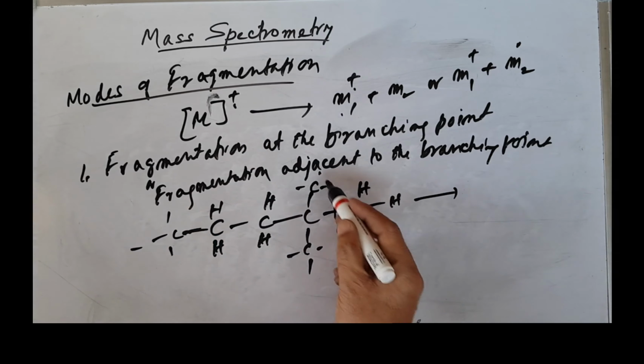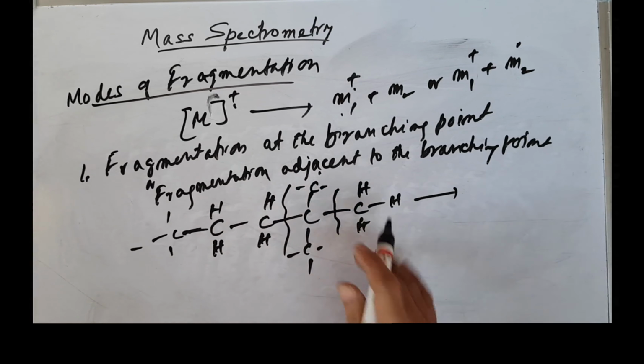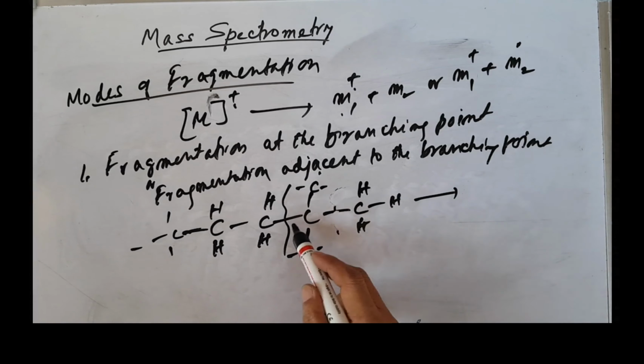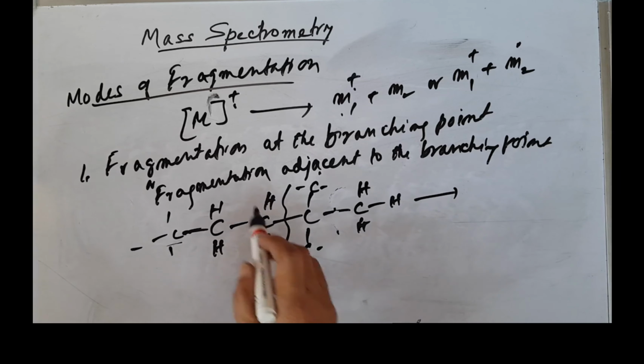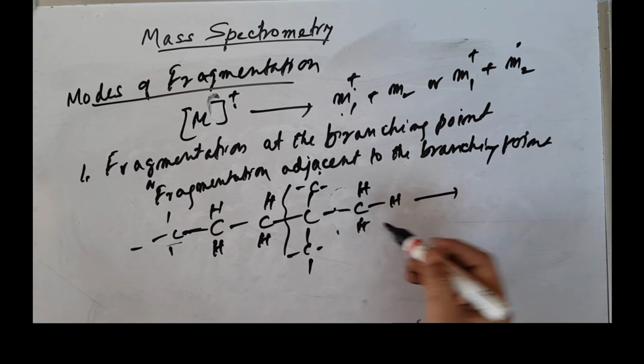So I'm repeating again: in long chain hydrocarbons having a branching system, fragmentation at the branching point takes place. Mostly it is fragmentation of the longer group, the fraction having the higher mass, that will go ahead.